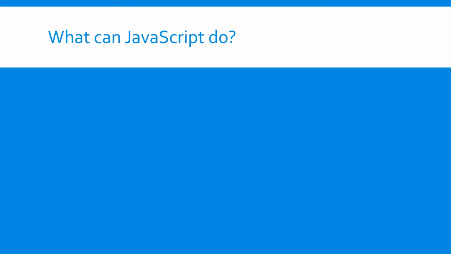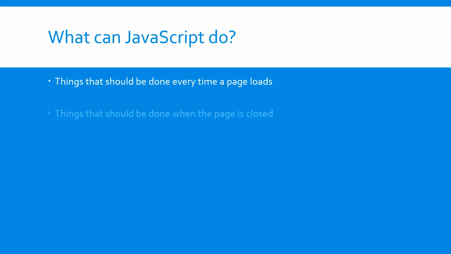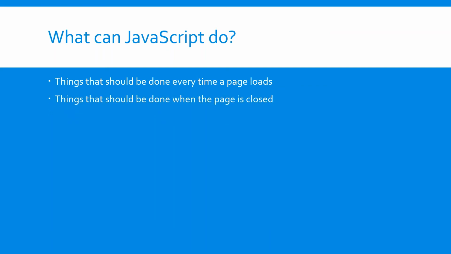So what can JavaScript do? Event handlers can be used to handle and verify user input, user actions and browser actions. Things that should be done every time a page loads, or things that should be done when the page is closed.